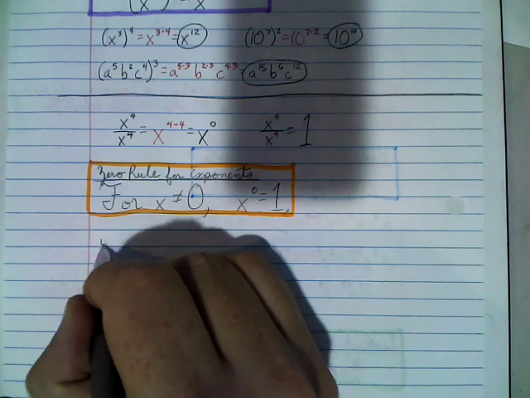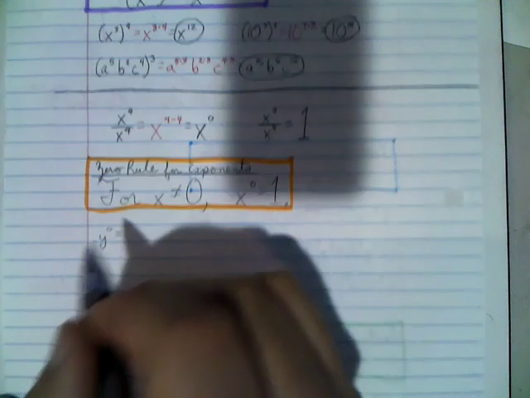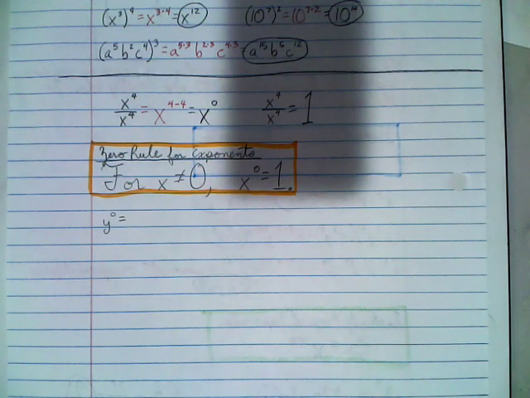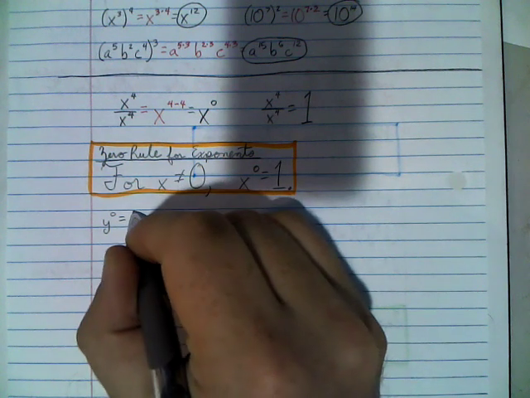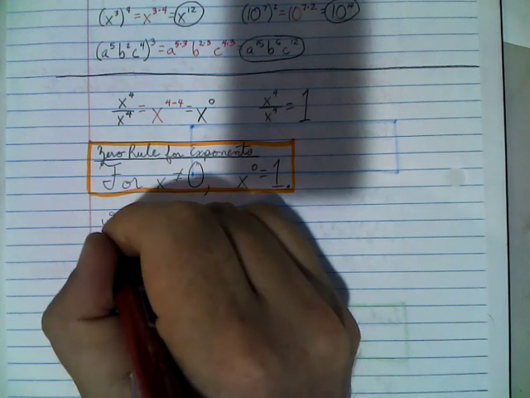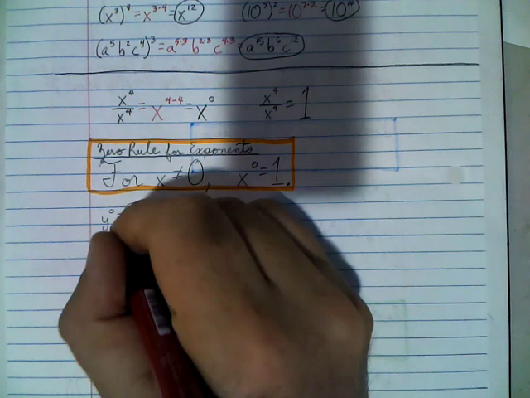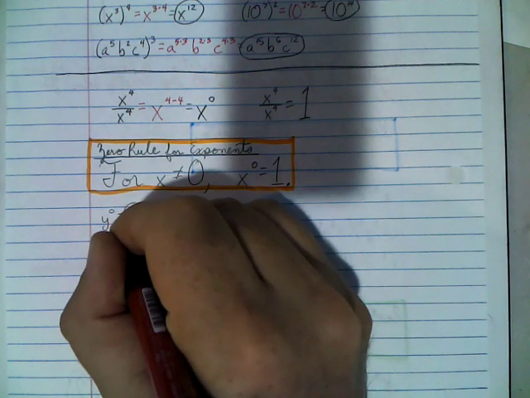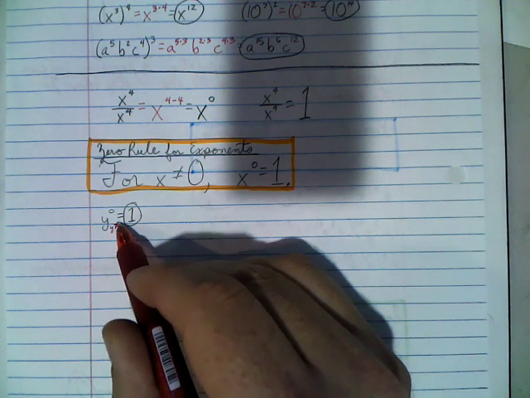So if I gave you y to the power of 0, you would tell me that the answer then is 1, so long as y is not 0. So y does not equal 0. That's a little tiny for you to read. This says y not equal to, so it's an equal sign with a slash, 0.